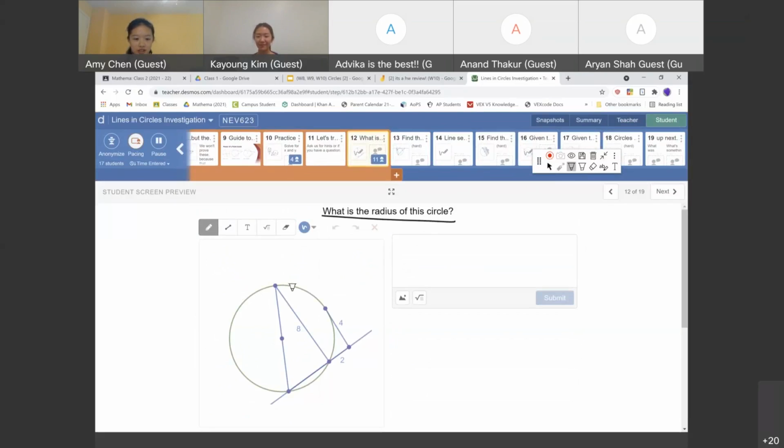You just divide by 2. So how do you find the diameter? Well, there happens to be this triangle here. And if you remember from last class, if a triangle has its hypotenuse as the diameter, then this is a right angle. And if it's a right angle, then you can use the Pythagorean theorem to solve for the hypotenuse.